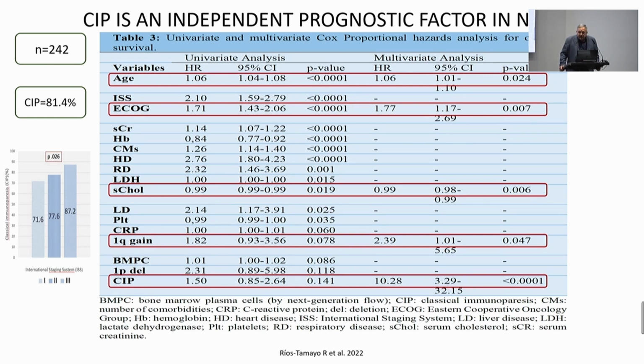And in the Cox model, we can see that in this study, the classical immunoparesis is an independent prognostic factor besides the age, the ECOG, the serum cholesterolemia, and the presence of 1q gain in the FISH study.